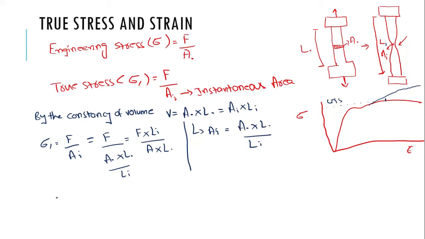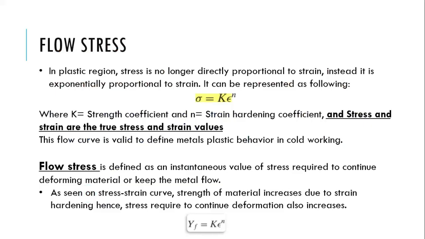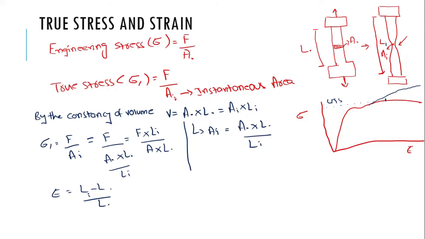But as we know, the strain is equal to L minus L naught divided by L naught, the length at any instant minus L naught, divided by L naught. So we can write it as Li by L naught minus 1.